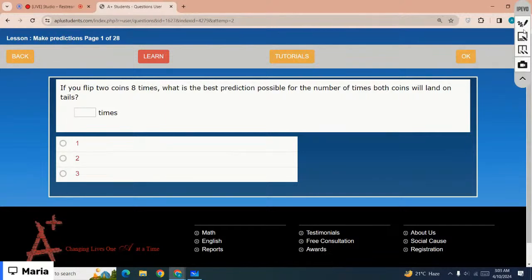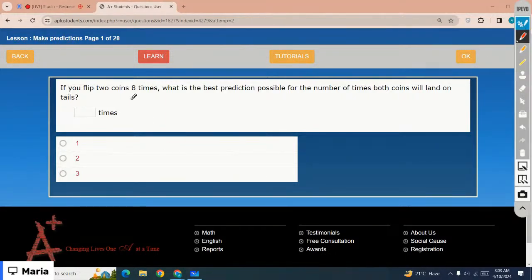If you flip two coins 8 times, what is the best prediction possible for the number of times both coins will land on tails? If you flip two coins, how many possibilities do you have? Head tail, head head, tail head, tail tail, right? You have four options.